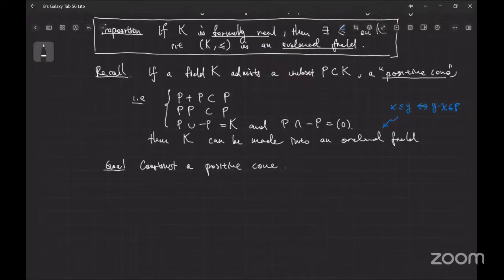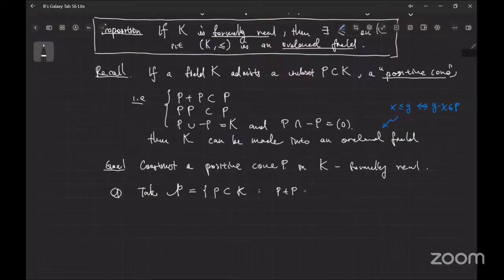So step one, take script P to be the collection of subsets of our formally real field K. You gotta remember this. And we're going to consider the collection of these subsets, these pre-positive cones, where P satisfies the following criteria.